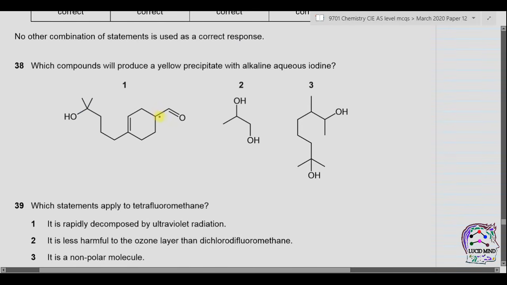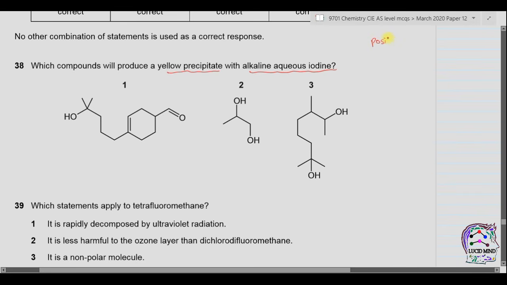Question number 38. Which compounds will produce a yellow precipitate with alkaline aqueous iodine? Now this is a factual question. You must remember that alkaline aqueous iodine gives a yellow precipitate with 3 types of compounds.